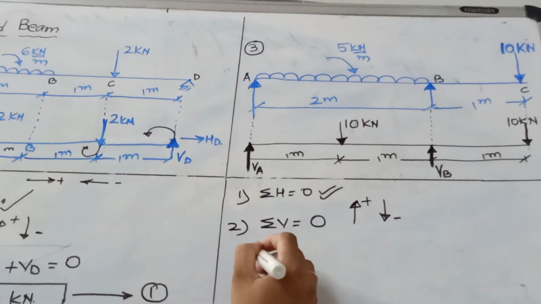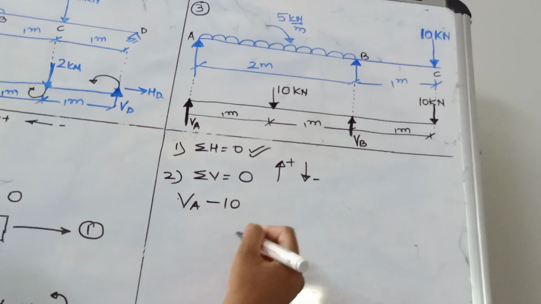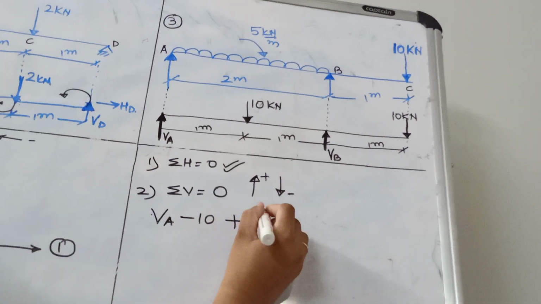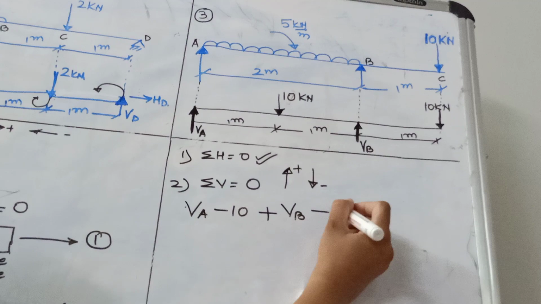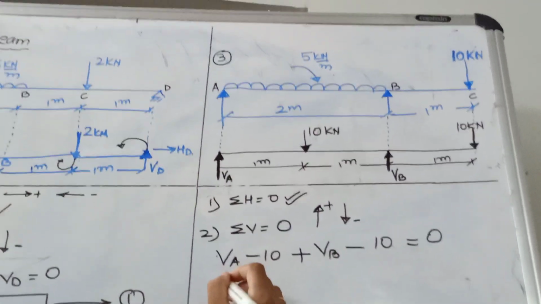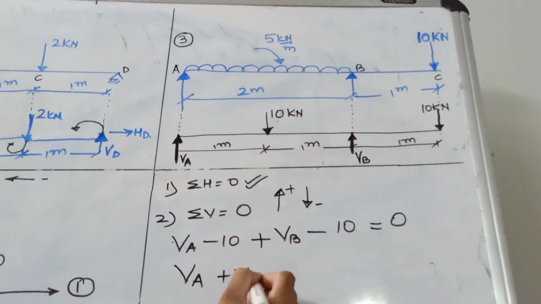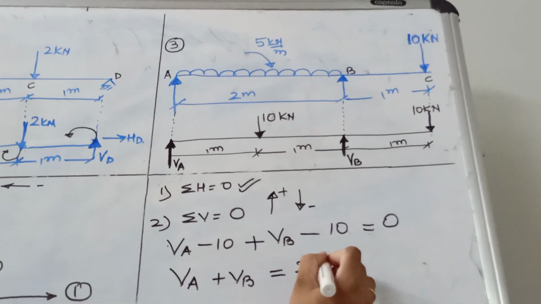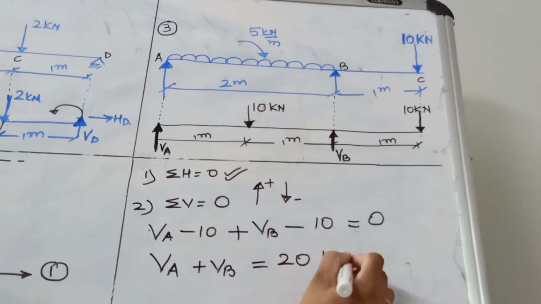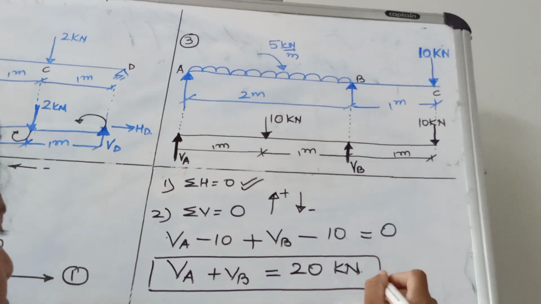So VA in the upward direction positive, 10 in the downward direction negative, VB in the upward direction positive, 10 in the downward direction negative, that is equal to 0. So VA plus VB is equal to 20 kilonewtons. This is our first equation.